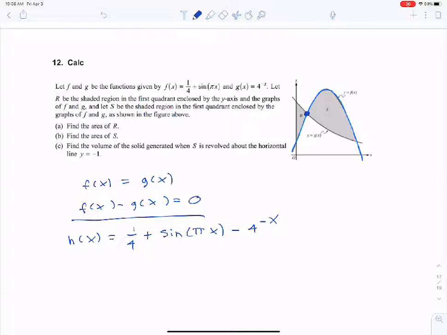I'm almost there. I just got to find the intersection, so I'm almost there. Okay.